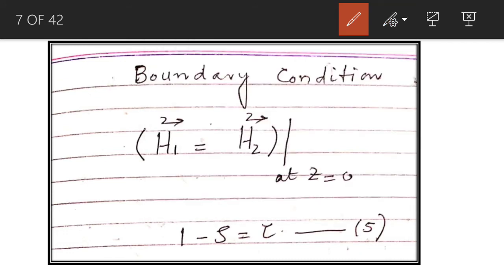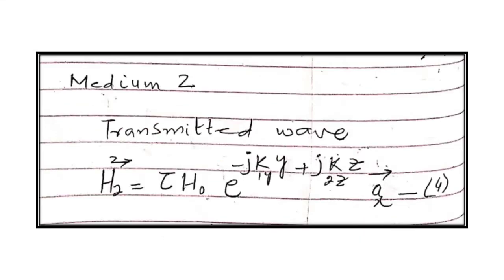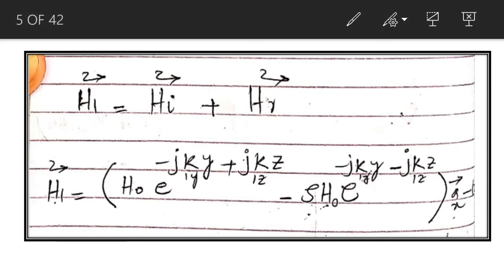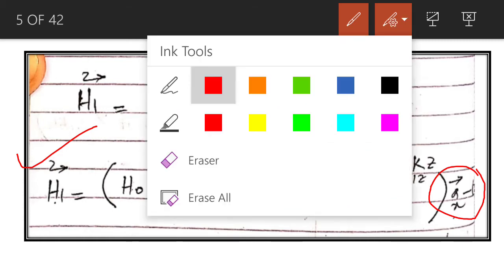which is in medium number 1 is tangential to the interface. H1 is the total magnetic field intensity in medium number 1, and this H1 is in the direction of the unit vector AX, so H1 is tangential to the interface.